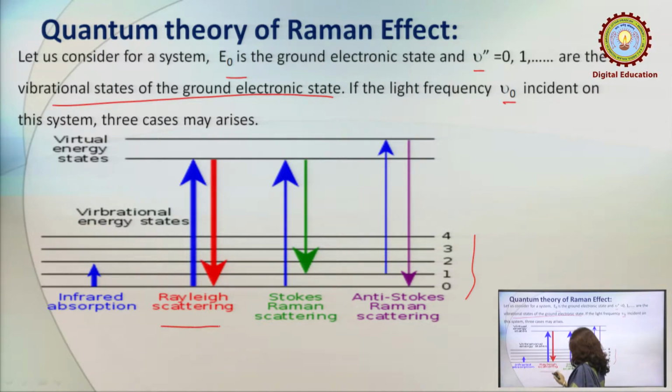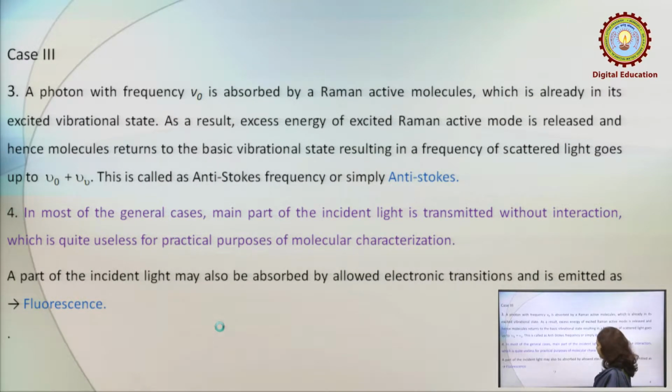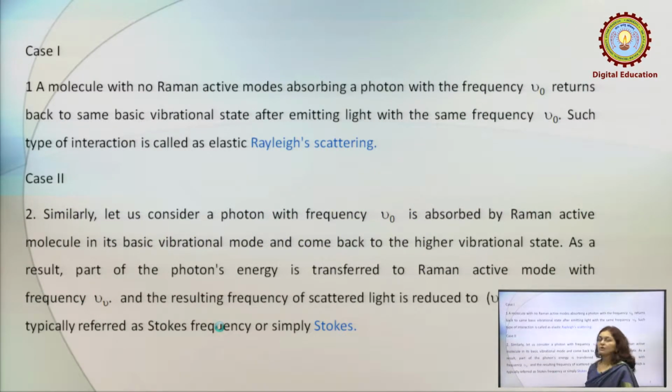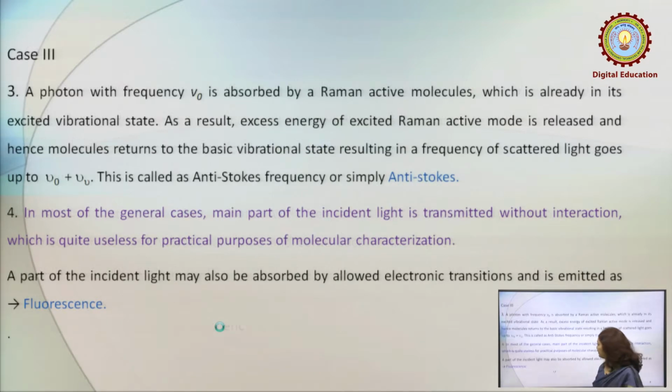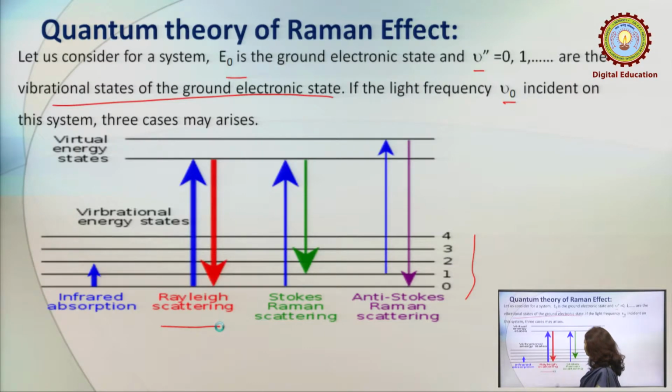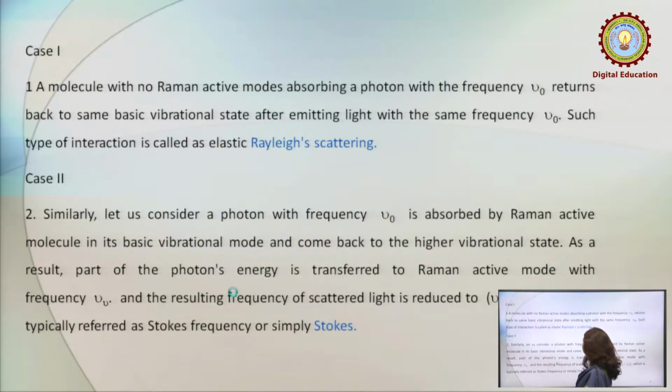First of all, we discuss the first case. In the first case, you have a molecule with no Raman active modes absorbing a photon with frequency nu naught and returning back to the ground vibrational state after emitting light with the same frequency.